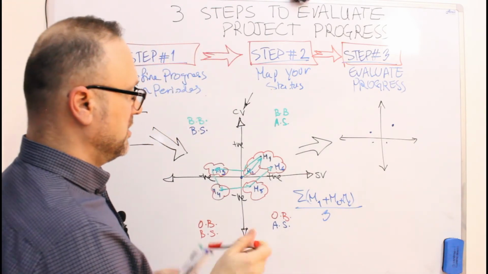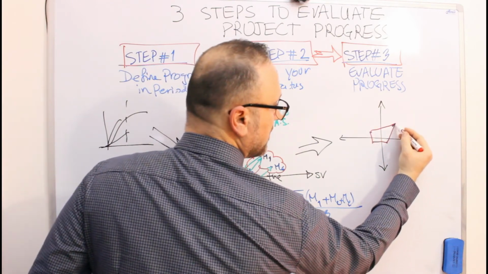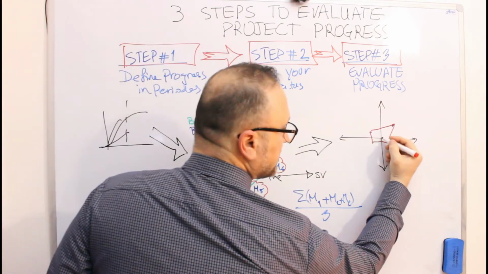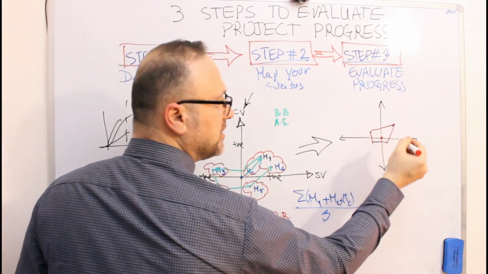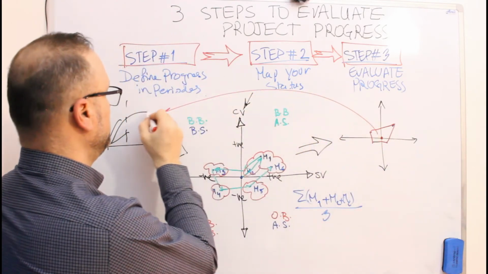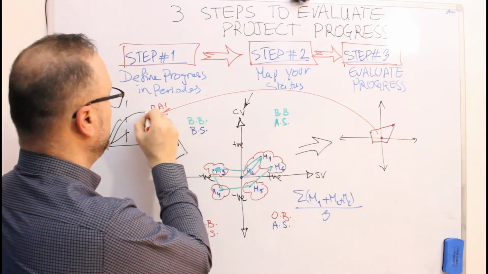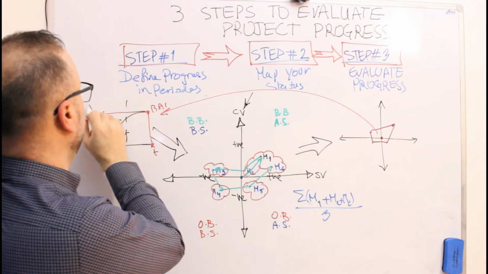Now, make your lines. This is your point where we said you are in schedule, in budget. This is the point where you have the budget at completion, and this is the time, this is the budget.